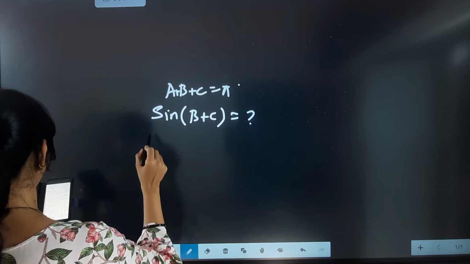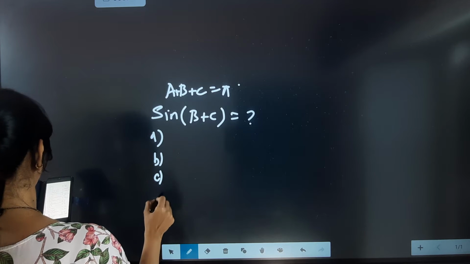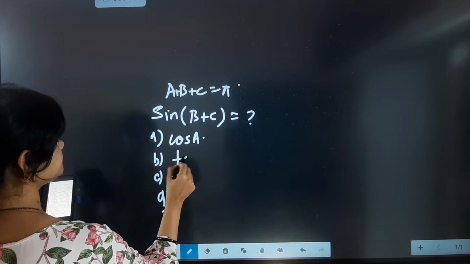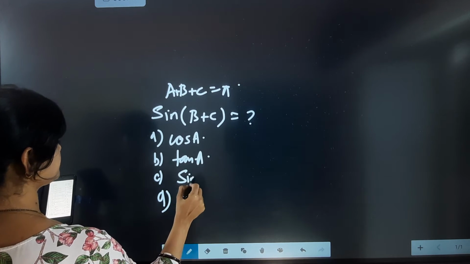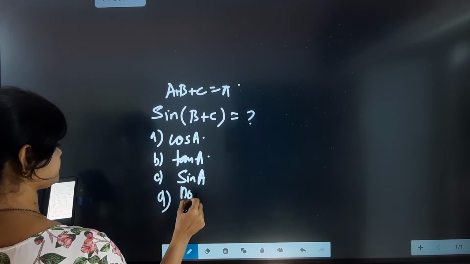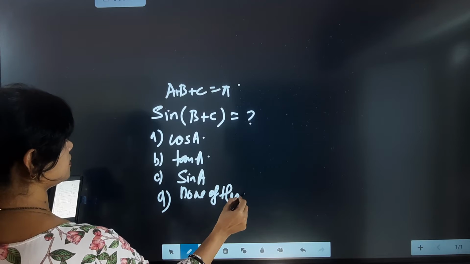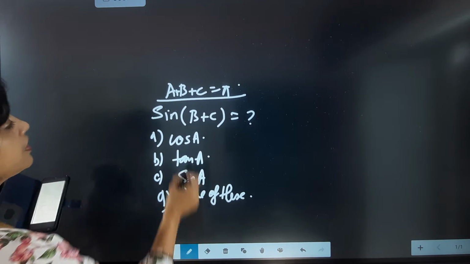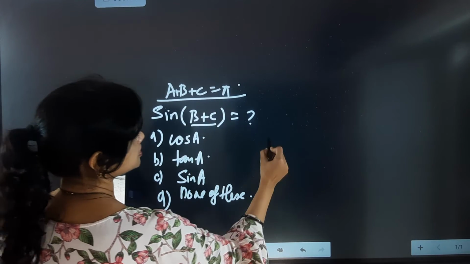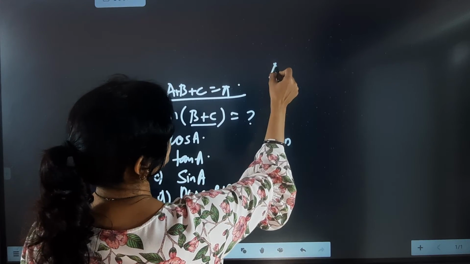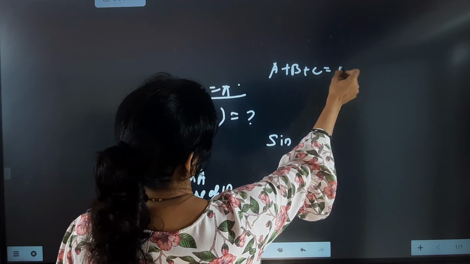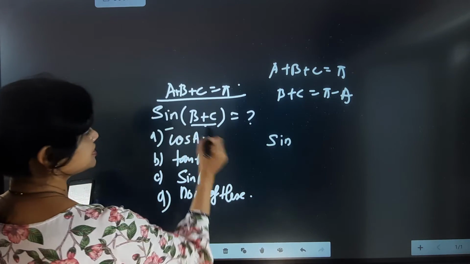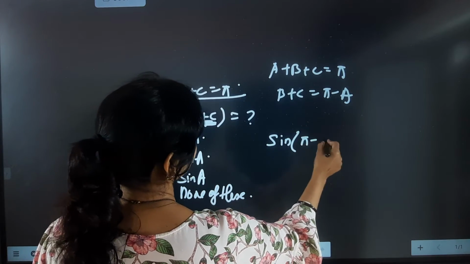Options are cos A, tan A, sin A, none of these. Since all the answers are in terms of A, we first work on B plus C. We know that A plus B plus C equals pi, so B plus C will be equal to pi minus A. So instead of sin(B plus C), we write sin(pi minus A).